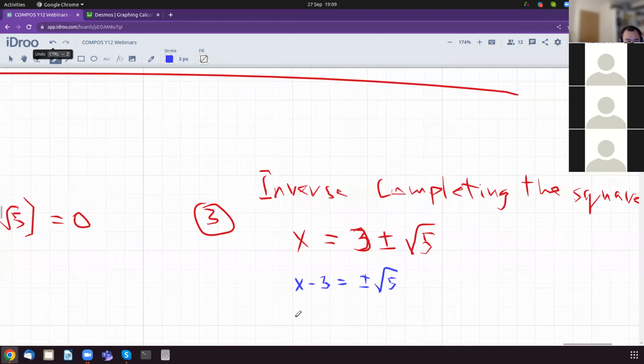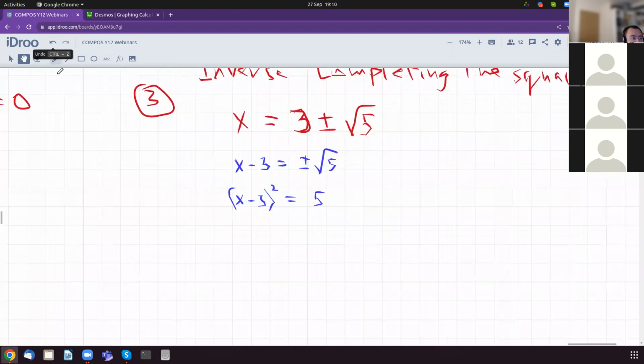Now we square both sides: (x minus 3) squared equals 5. Now we expand. x squared minus 6x plus 9 equals 5. x squared minus 6x plus 4 equals 0.